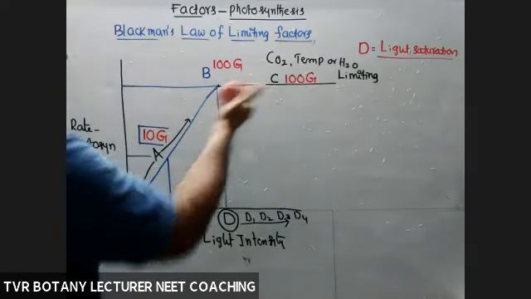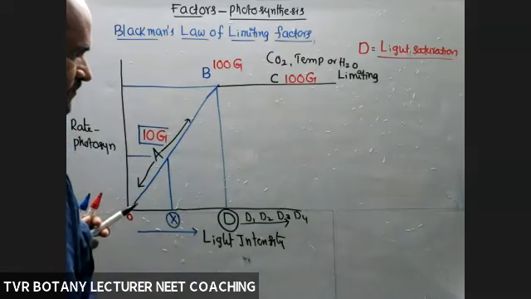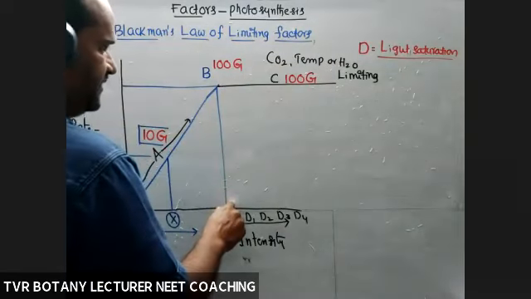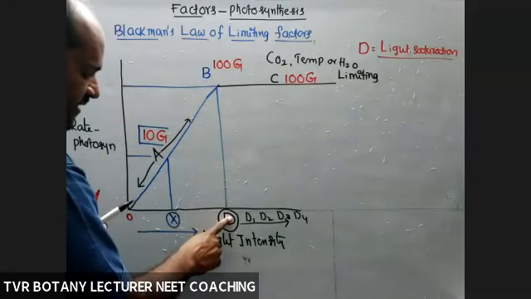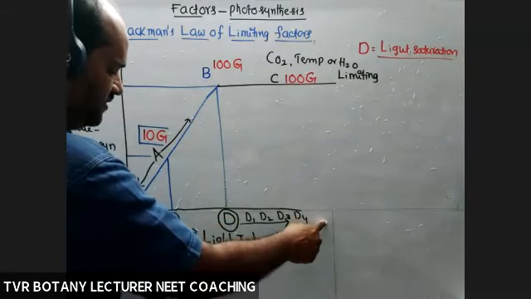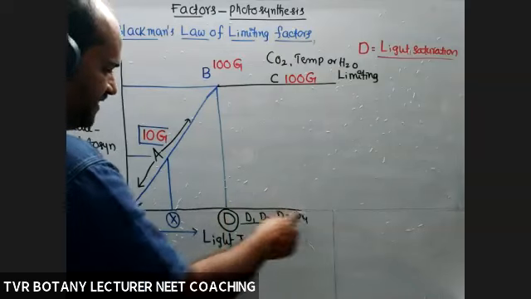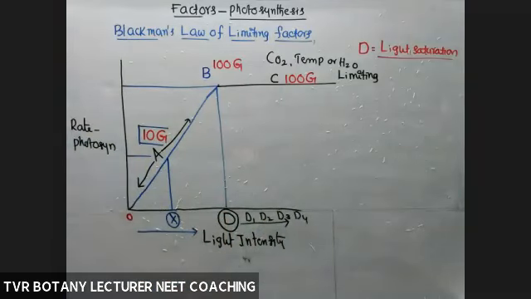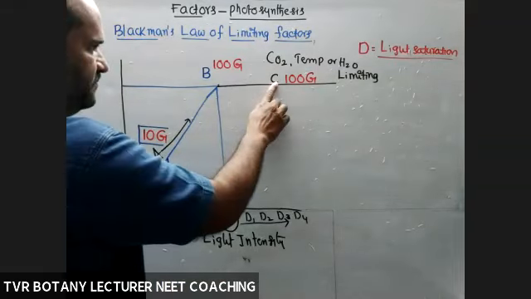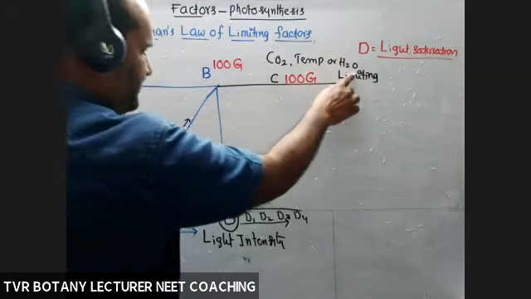There is no enhancement in photosynthetic yield. Reason: other than light, other factors are limiting. Even though light intensity or duration is increased, there is no increase in photosynthetic yield. Reason, at a C region, other factors are limiting.